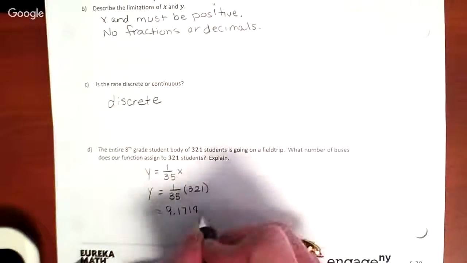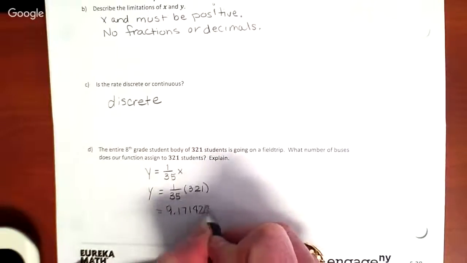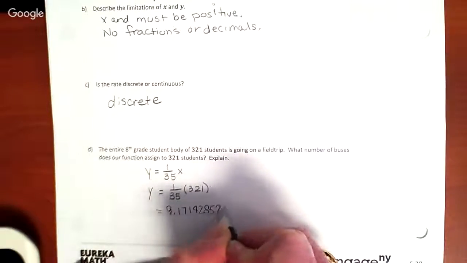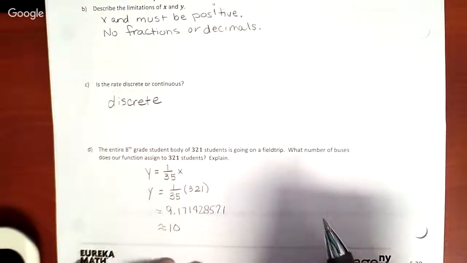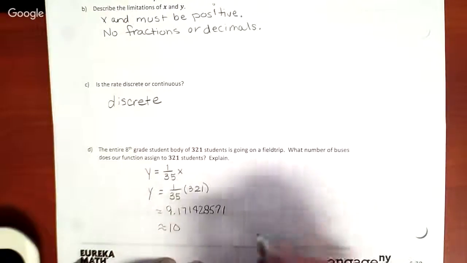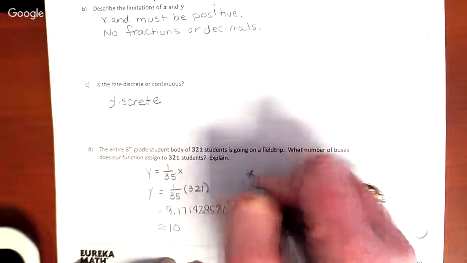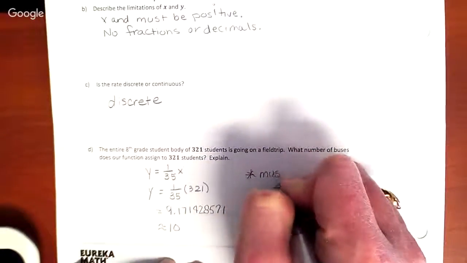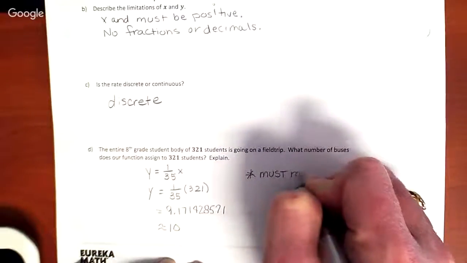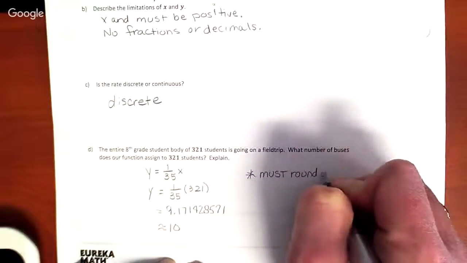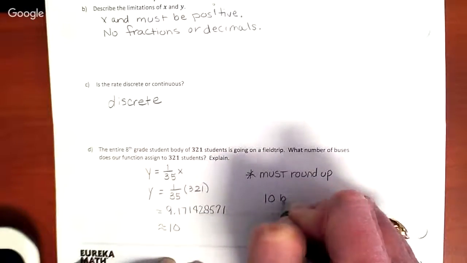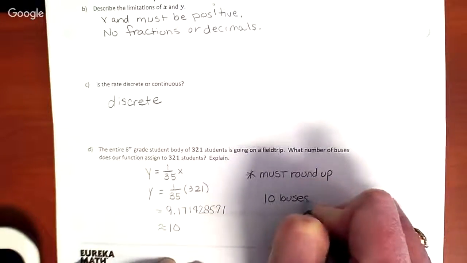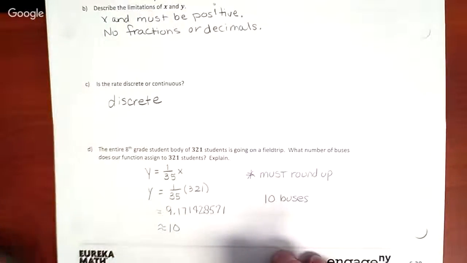And because it is part of a bus, we have to round that to 10. So we must round up. Ten buses.